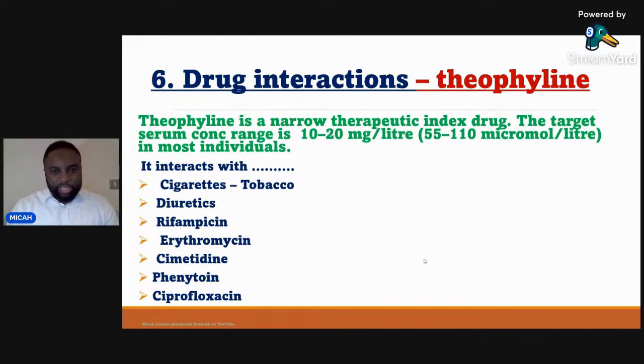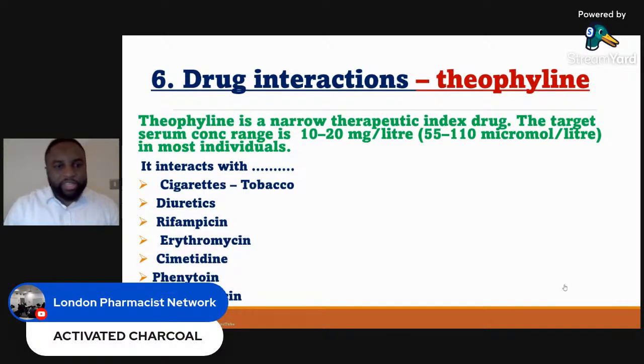If a patient takes theophylline in excess and it causes toxicity, we can manage their toxicity by giving them activated charcoal. So give activated charcoal to patients who have taken an overdose of theophylline, because the antidote is activated charcoal.